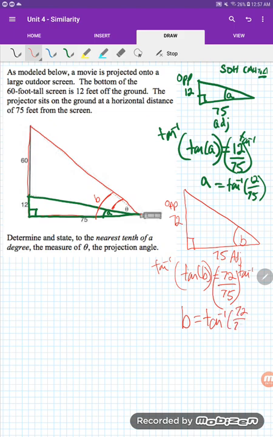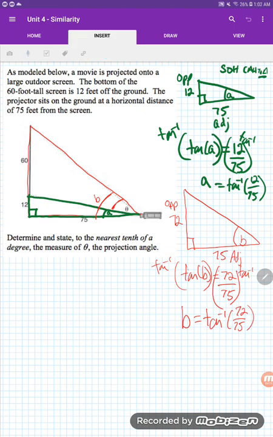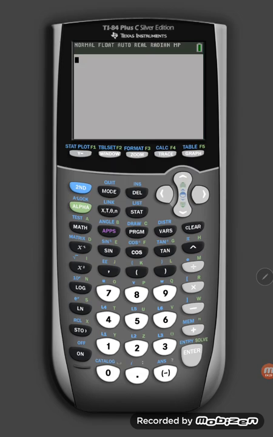72 over 75. And I'm going to pause this and pull up my calculator real quick. Alright, so we're going to do the inverse tan of 12 over 75. So second tan, 12 over 75, close parentheses.